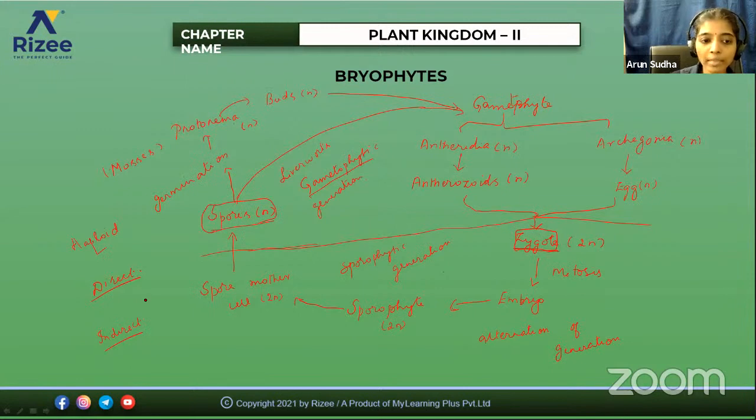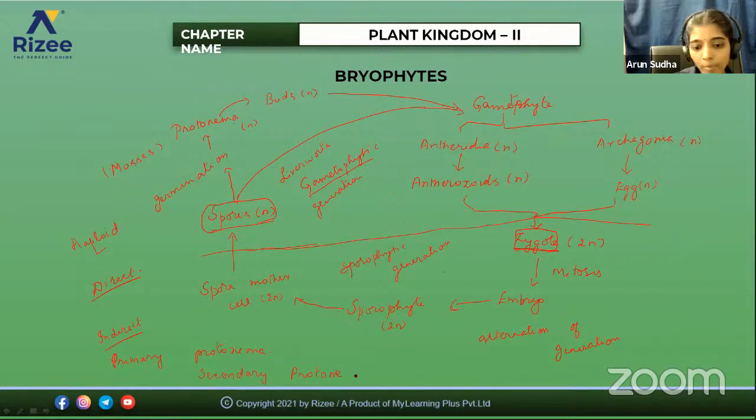So we saw about the direct and also the indirect development, how they form the gametophytic plant body. Then there are two more terms: the primary protonema and the secondary protonema. What do we mean by primary and secondary? If the protonema develops directly from the spores, that is called primary protonema.